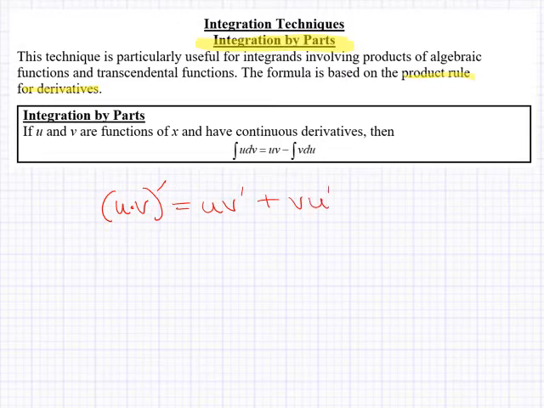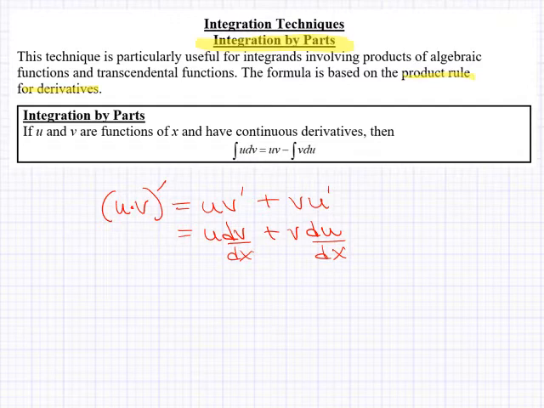Now what I'm going to do is I'm going to rewrite this as u times dv plus v times du, where dv represents a derivative of v and du represents a derivative of u, and this would all be with respect to the variable we're discussing. We could also write this as dv dx, du dx if you want to say that all this stuff is a function of x. We can do that as well.